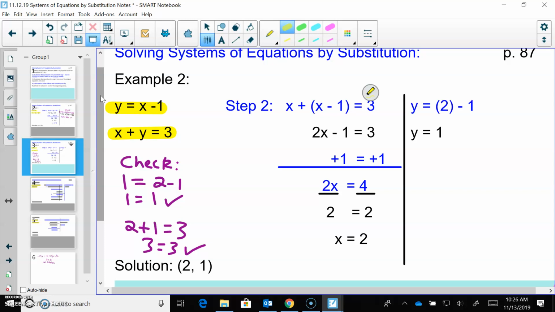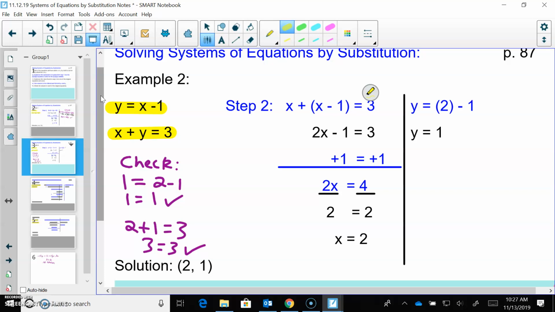So what I'm going to do is take that x minus 1 in the top equation and substitute it in for y into the bottom equation. So if you look at step 2, the second equation, it starts off with x plus, so that's why it says x plus. Instead of y, I put parentheses x minus 1, because that's what the first equation says y is equal to, and then equals 3.